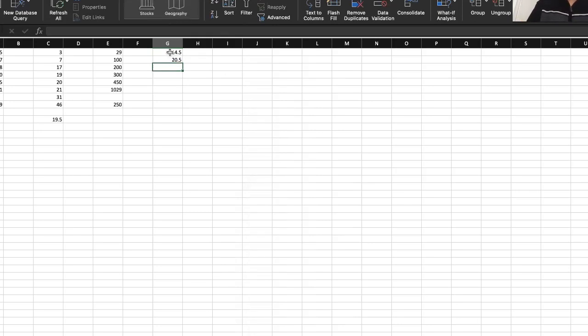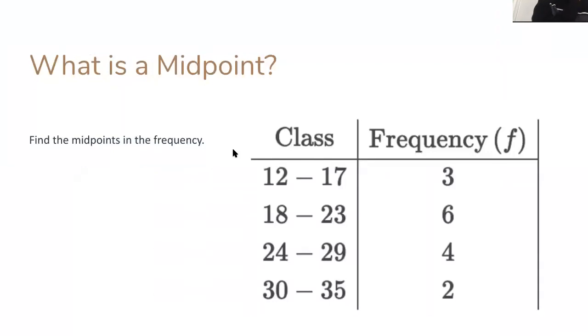You just keep doing that with each class, which most of you did, and you got the midpoints. So the midpoints most of you got were 14.5 for the first one, 20.5 for the next one, 26.5, and then 32.5, which is correct. So good job.